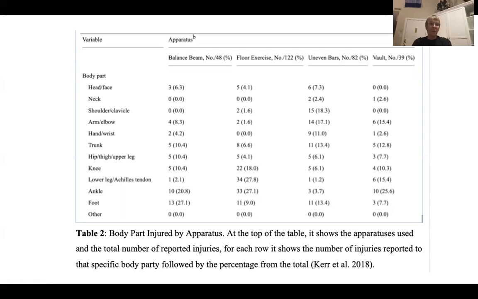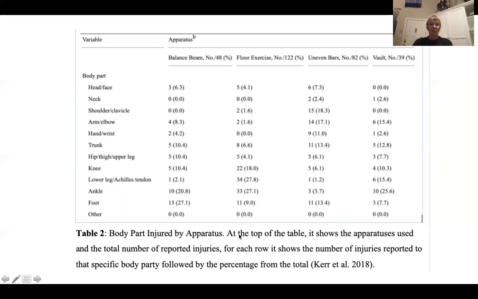It's another example of a table. This was talking about spinal injuries, I think, in athletes, body part injured by apparatus, and so there's your numbering of the table. Here's the title, and then here's the legend. It explains which apparatus was used, number of injuries reported, and the percentage of the total, and the source.